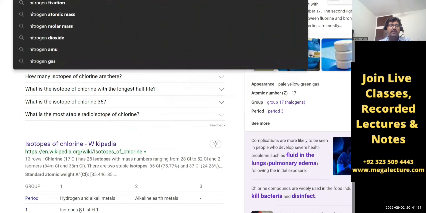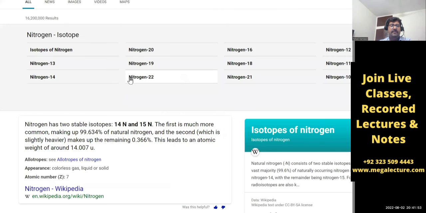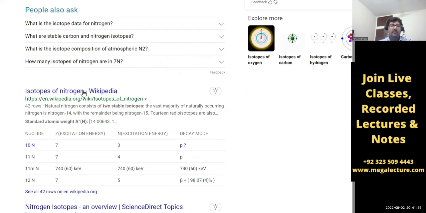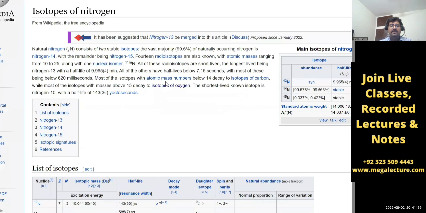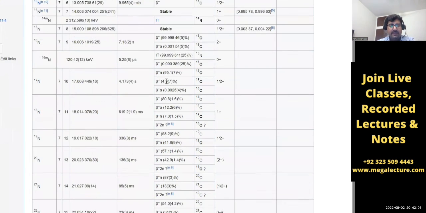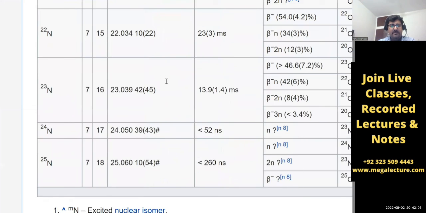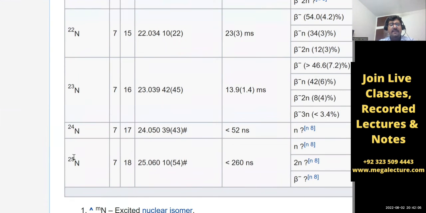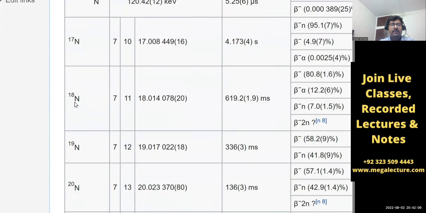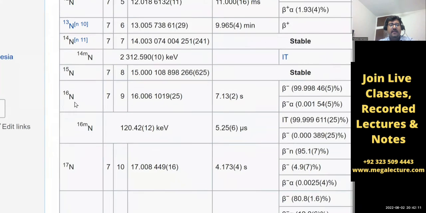You can just Google nitrogen isotopes. मैं वैसे Google करूँगा. I just want to see के कितने ढेर isotopes ढूंढ चुके nitrogen के. So you can see it's almost 25. Nitrogen having a mass of 25, you've found that one as well, right? 22, 21, 19, 17. सबसे ज़्यादा कौन सा है?